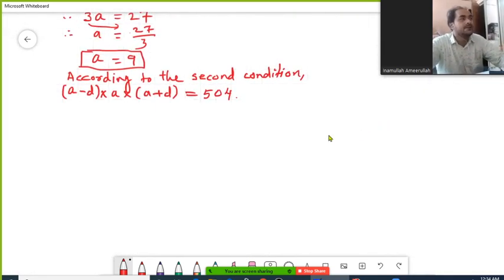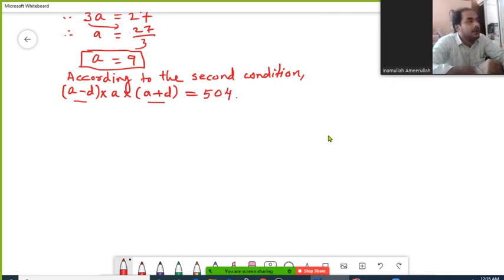Now it's time to simplify this expression, A minus D into A plus D, and I'll get the value of D. Look at this.